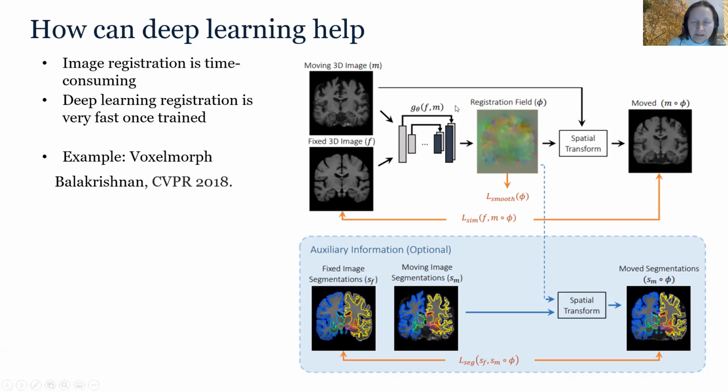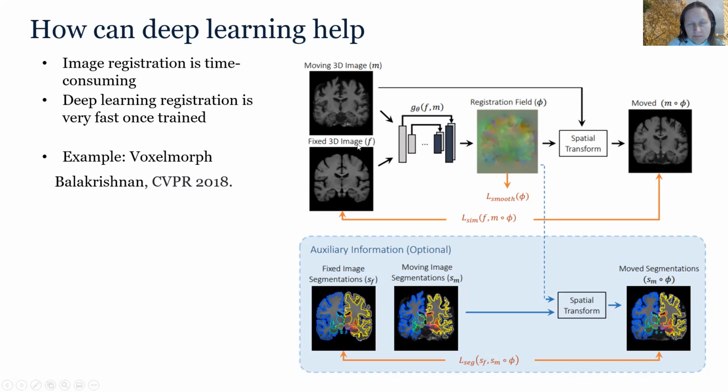The architecture of this network is the same as for UNet. But what is different is what is fed as an input and what is the output. The input will be both images, the fixed and moving image, and we want to register the moving image to the fixed.